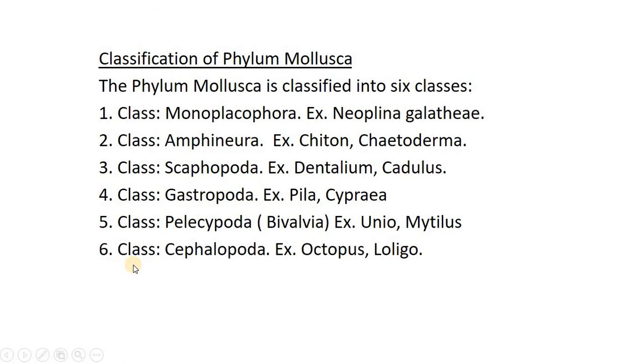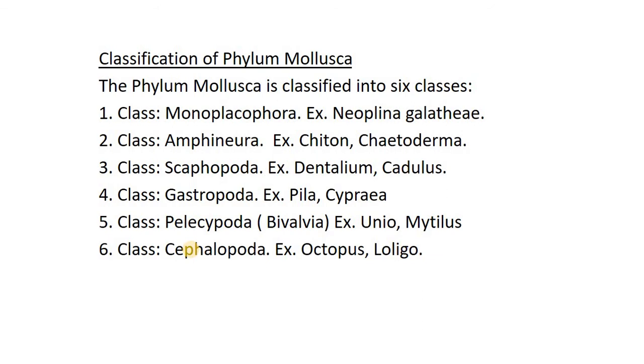Phylum Mollusca is conveniently classified into 6 classes, namely the class Monoplacophora, the example is Neopilina galatheae. The second class is Amphineura, examples are Chiton and Chaetoderma. The third class is Scaphopoda, examples are Dentalium and Cadulus.